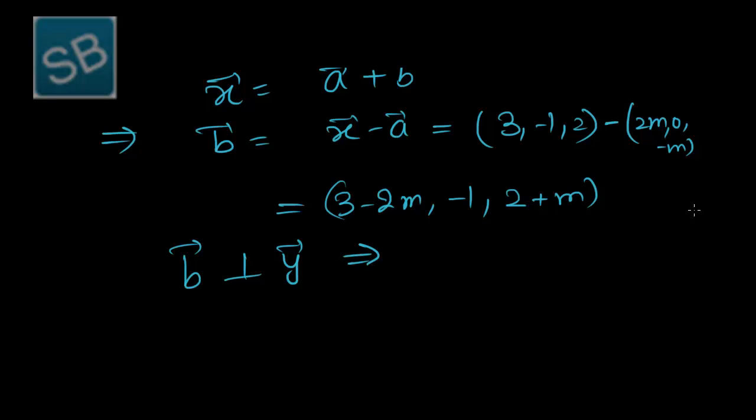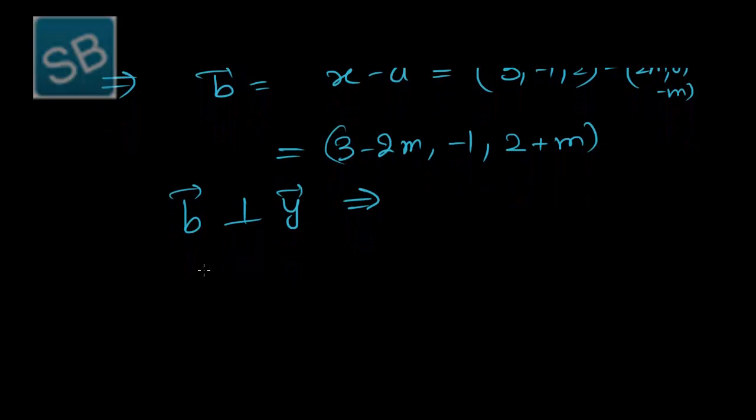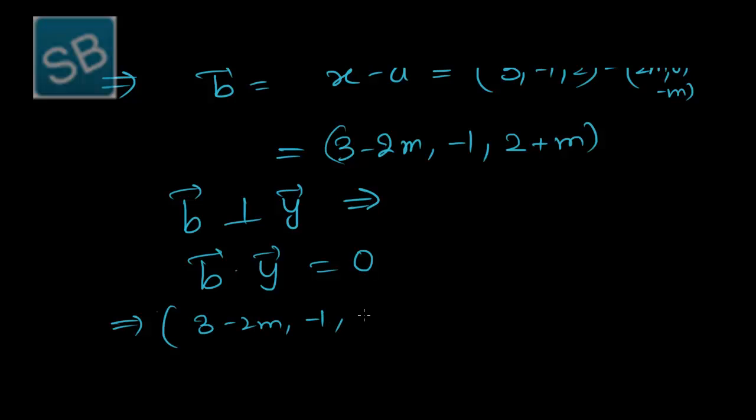That implies the dot product of vector b and y is 0. That is, vector b, which is 3 minus 2m, comma, minus 1, comma, 2 plus m, dotted with vector y, that is 2, comma, 0, comma, minus 1, is equal to 0.